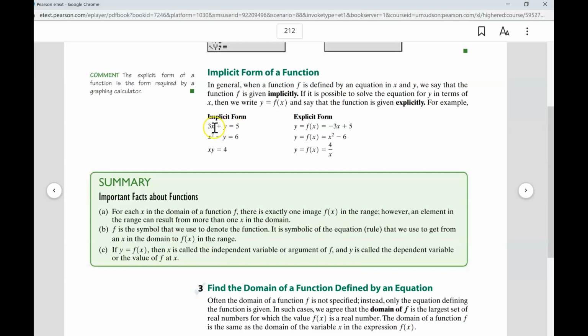It's implicitly defined because the 3x and the y are on the same side. But you could solve for it, move the 3x over, and get y equals negative 3x plus 5. Now y is explicitly defined as a function of x, and so you could write it as y equals f of x. In other words, it's an explicit function of x, which is defined as negative 3x plus 5.